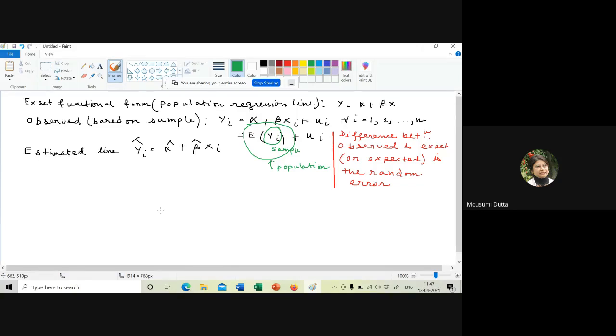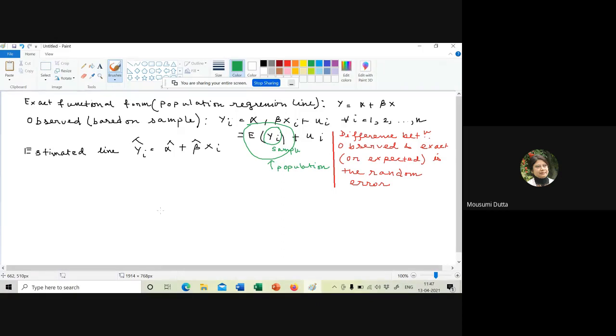In the last class, I started to discuss some assumptions based on error. All these assumptions, or the nature of the error, will tell us what kind of model it is and what will be the proper estimation technique for this kind of model.